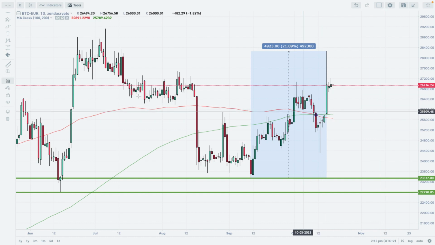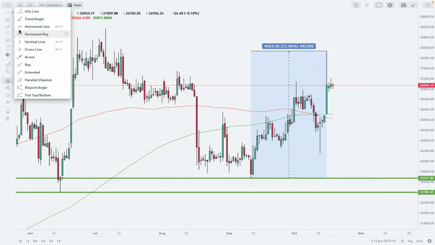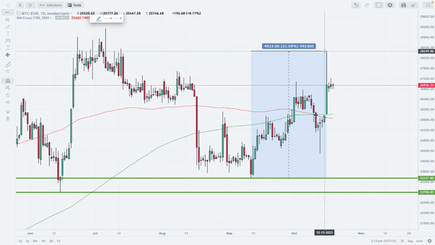Now, what else do we have here is, of course, the high of the big candle up, made on the fake news, as you possibly remember, from one of the Twitter accounts saying that the Bitcoin ETF was approved for BlackRock. It turned out to be, of course, fake news. So 28,260 is the high of this candle. So we have a very, very big and wide area between lows and highs here.